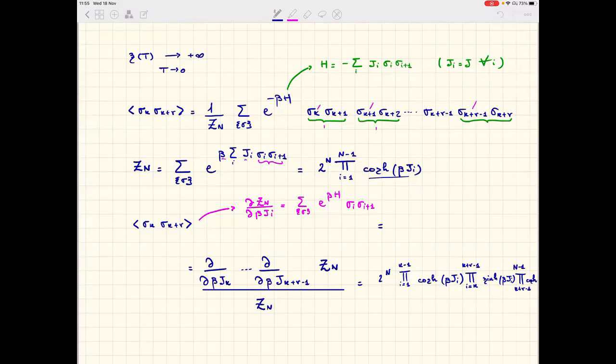And then you have to divide everything by 2 to the n times the product of cosine hyperbolic for all bonds.